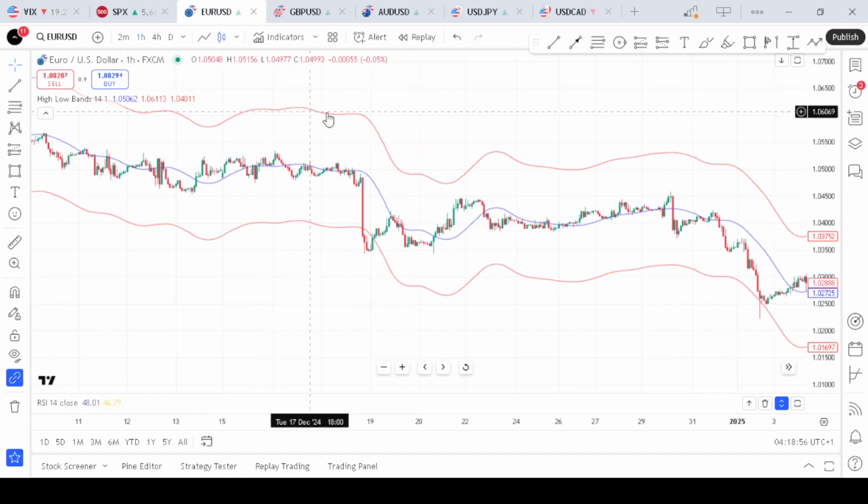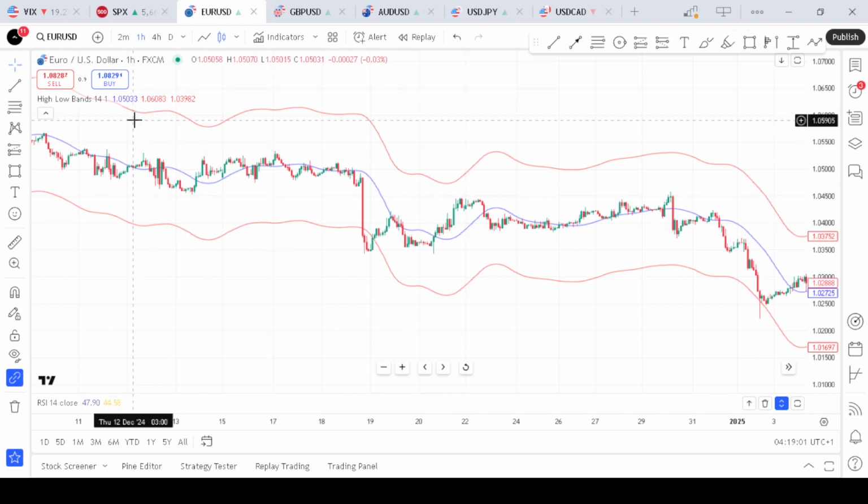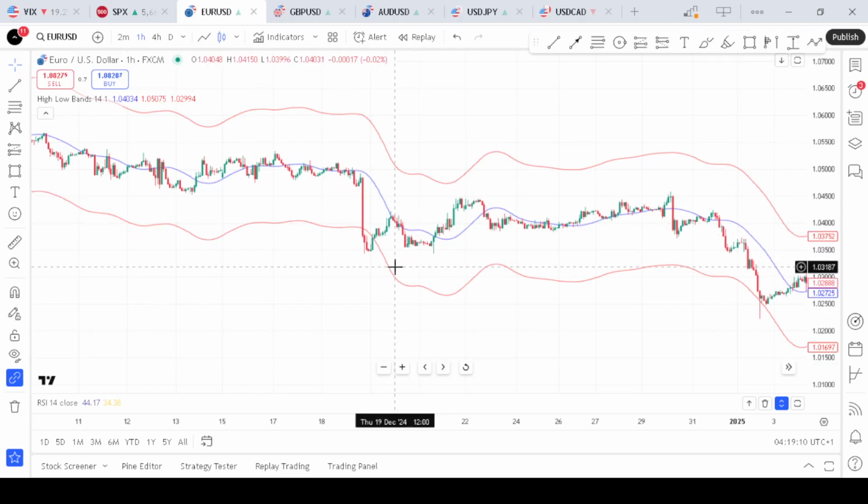either the upper side of the band or the lower side of the band, you would have to look out for reversal signals using candlestick patterns such as a pin bar or bullish engulfing, and so on and so forth.